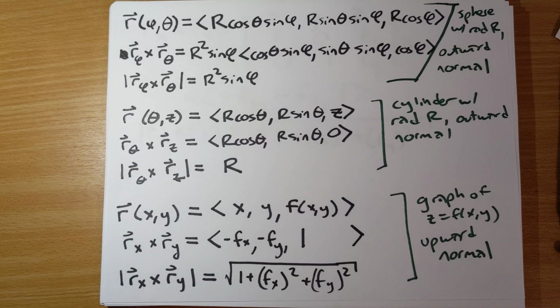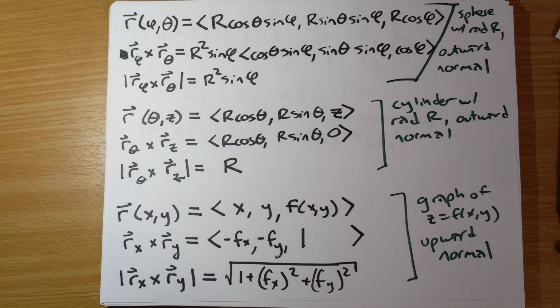Let me bring this sheet back on and leave it a little bit longer and show you everything here. These are our 3 main types of parameterizations that you need to know, other than just a general case. It could just be some general case R of u v where you have to calculate everything from scratch.